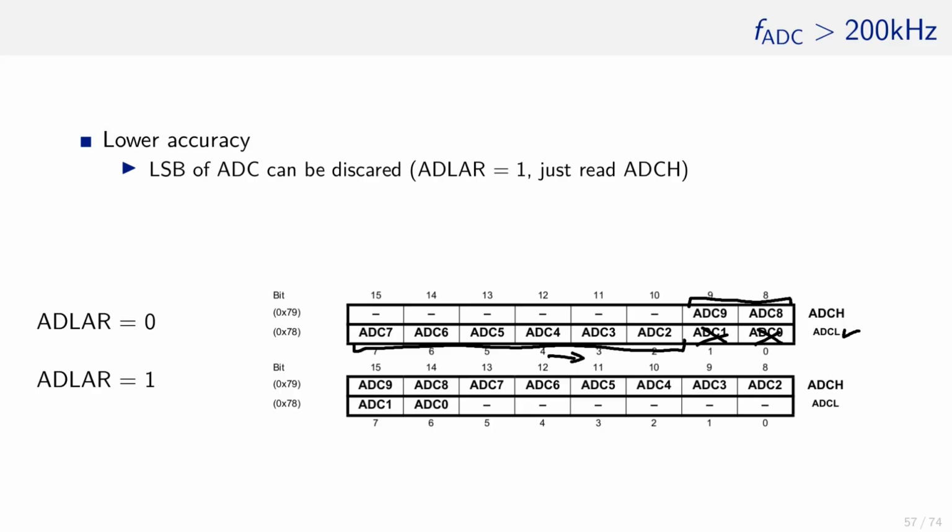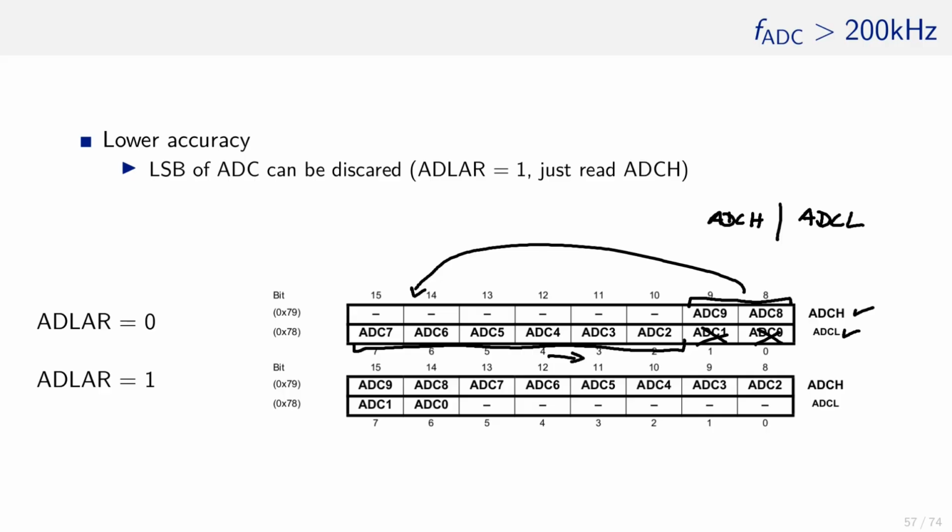And then I read ADCH and move these 2 bits to the front. And then I can compute ADCH or ADCL. That is quite a bit of work for something that nobody is interested in.